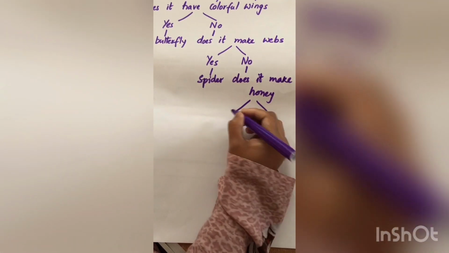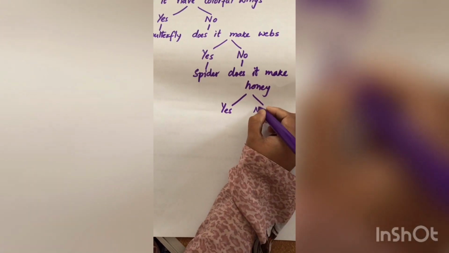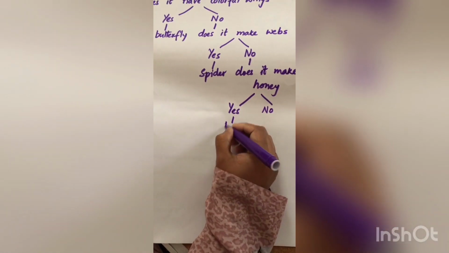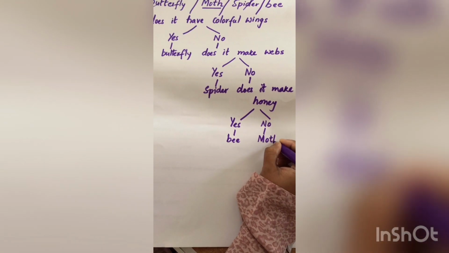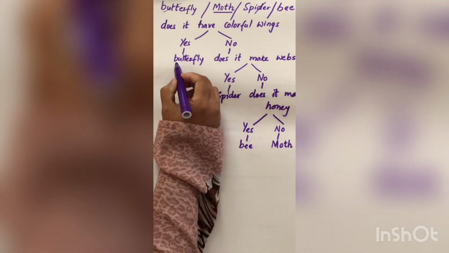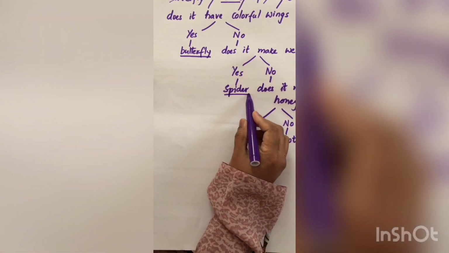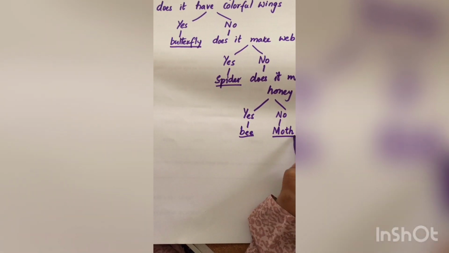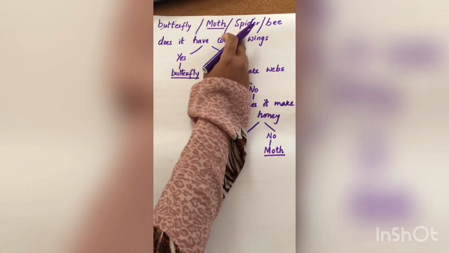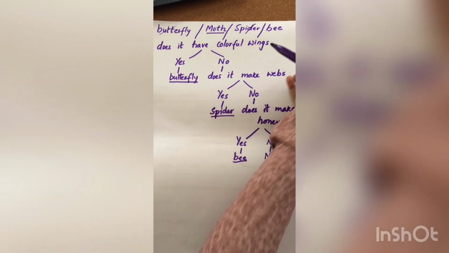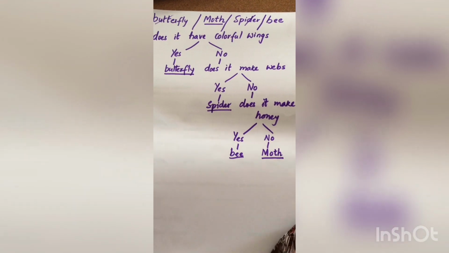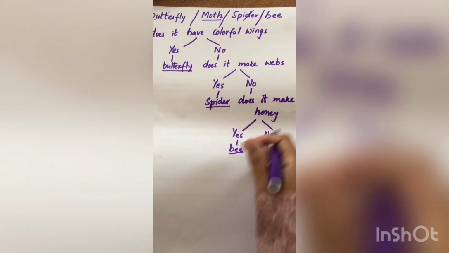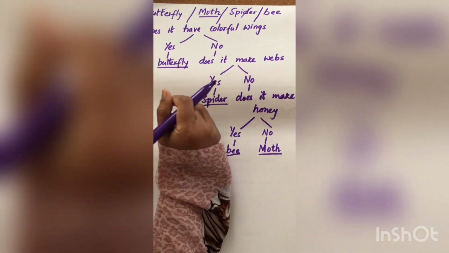Yes and no. Yes will be the bee and no will be the leftover creature, that is the moth. So here you are done with butterfly, spider, bee and moth. So if you have four animals, you will be making three keys only, and under no, the fourth animal will come. This is how you have to make keys for four animals.